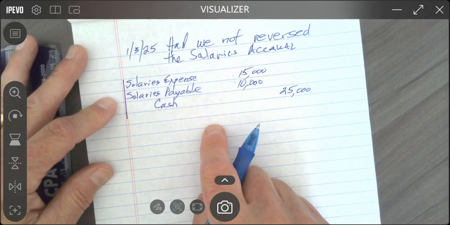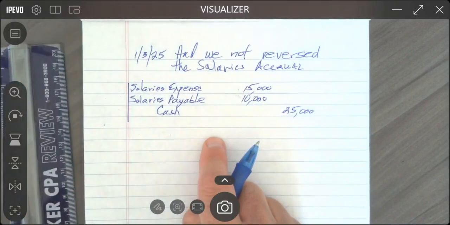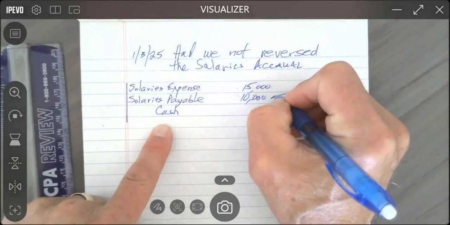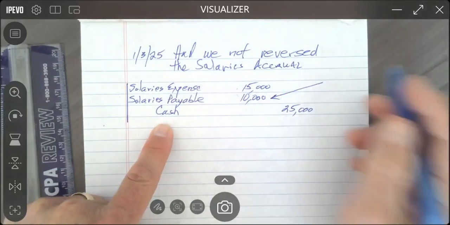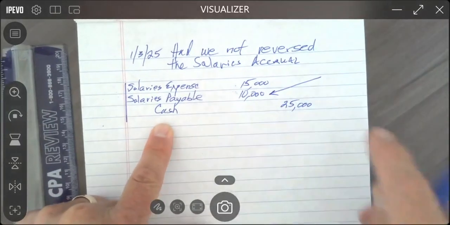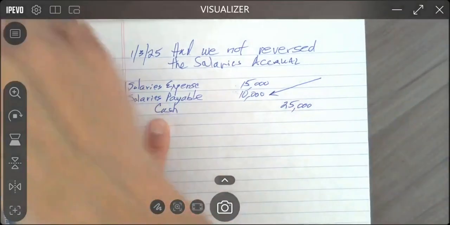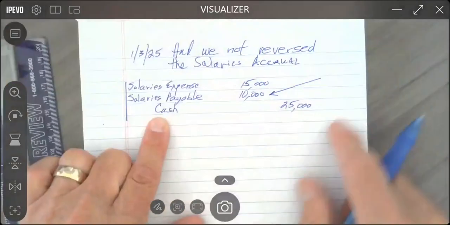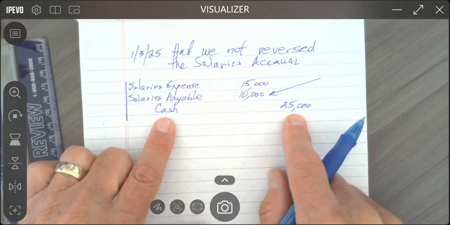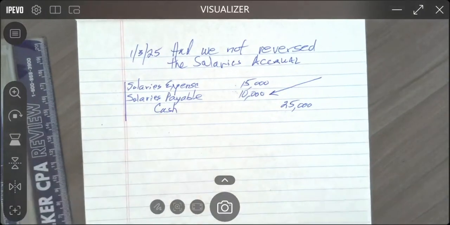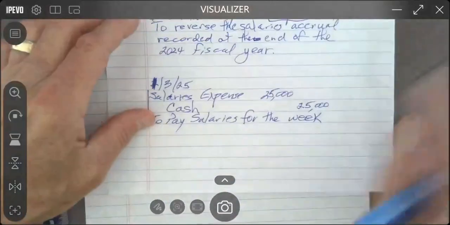Okay, so the advantage is we don't need to go back and remember this. We can have an accounting clerk, a relatively lower paid person with lesser skills, save their time and not do the research and just do what they do every Friday. And that is what we actually did.